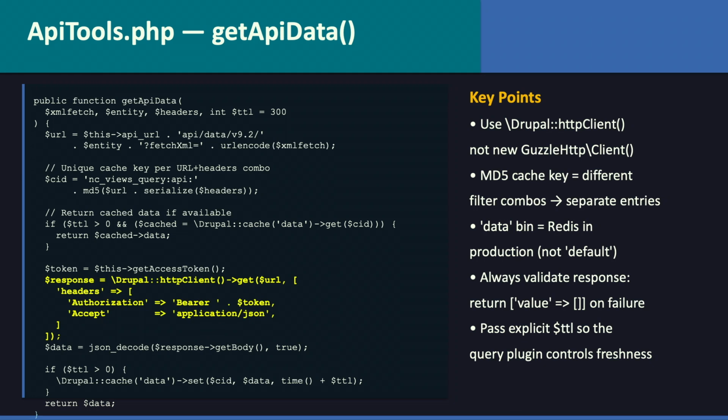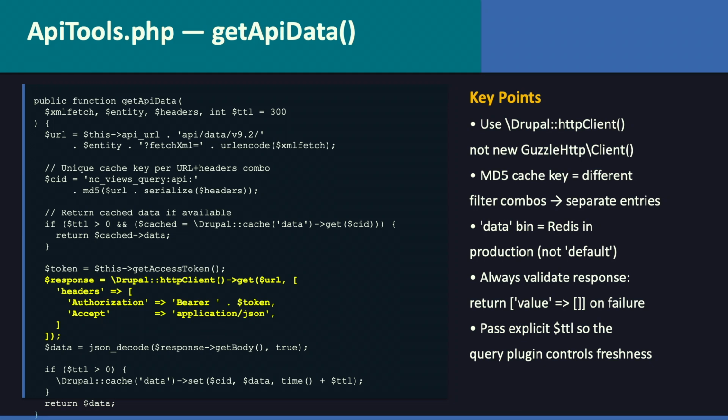At that point, we are making an HTTP client request. We are then passing the bearer token as part of the headers, and we're making sure that it's going to be in a JSON format to get that data back. And then once we make the request, we're using the JSON decoding function to decode it and then store it as the data variable where we're caching that.